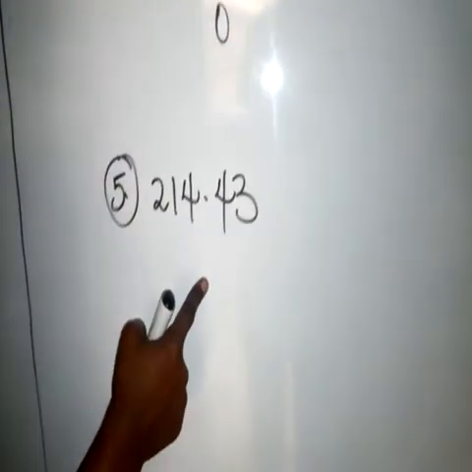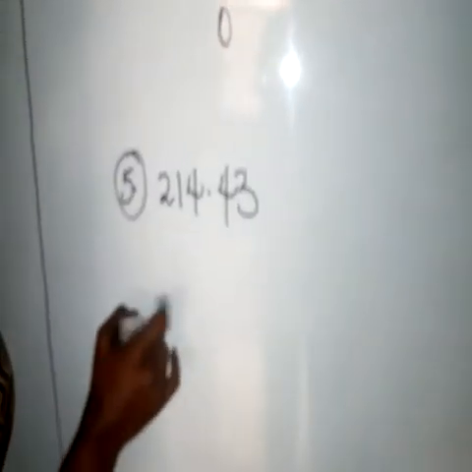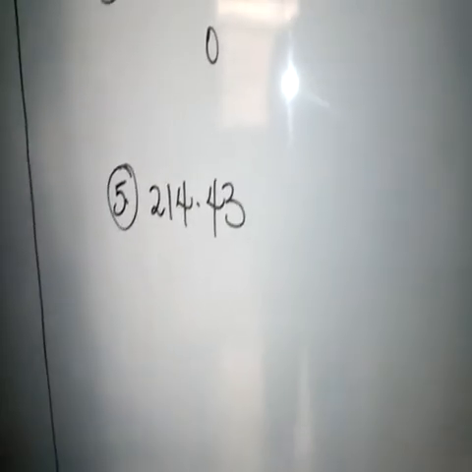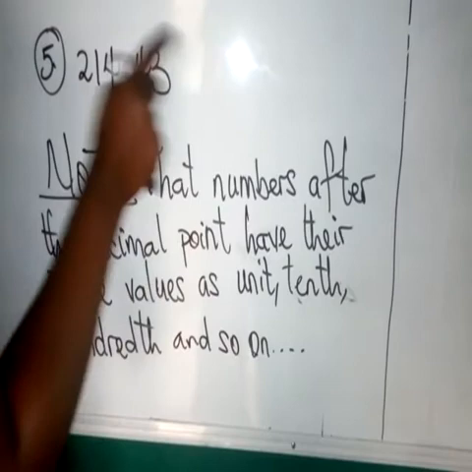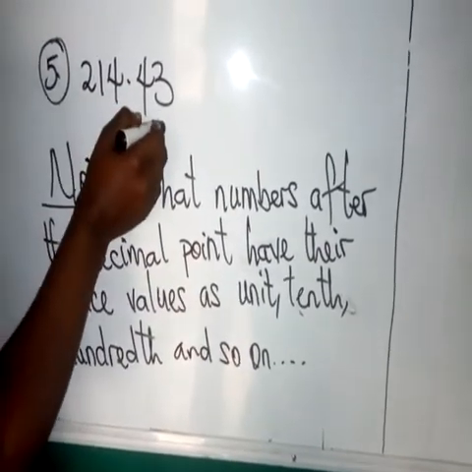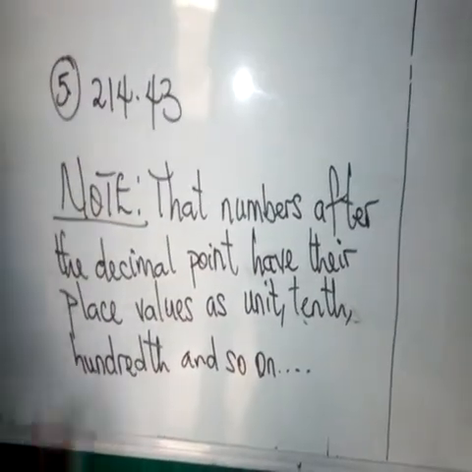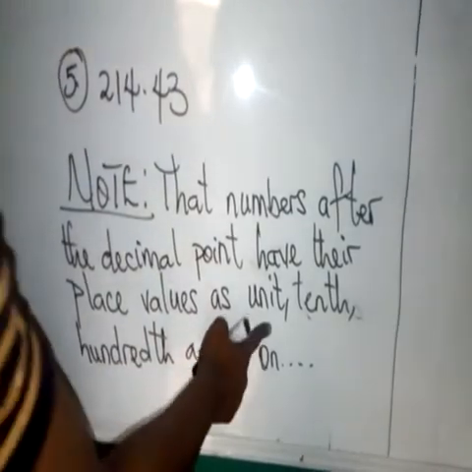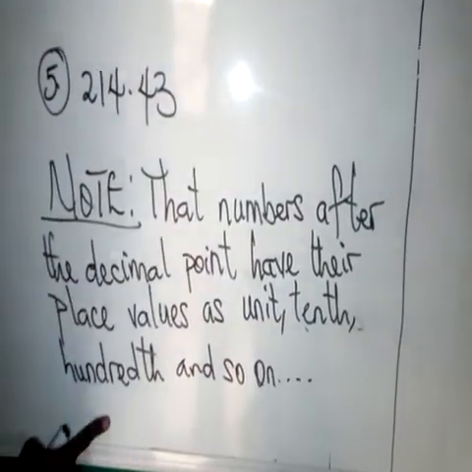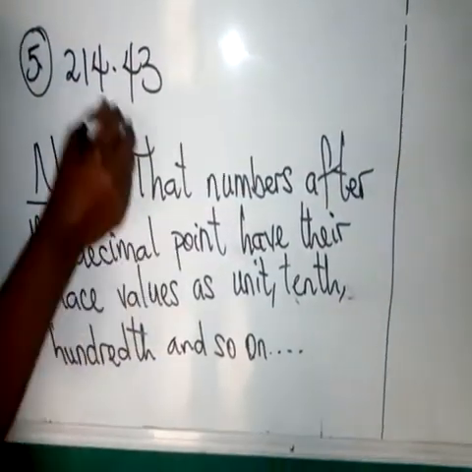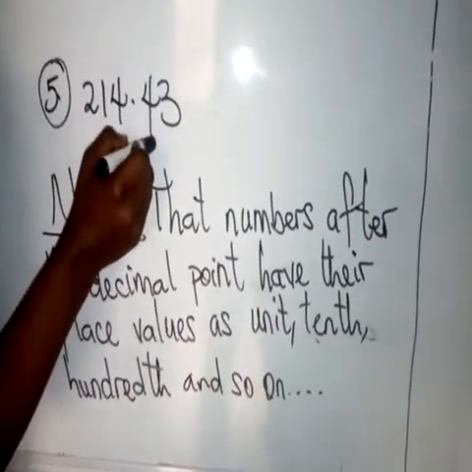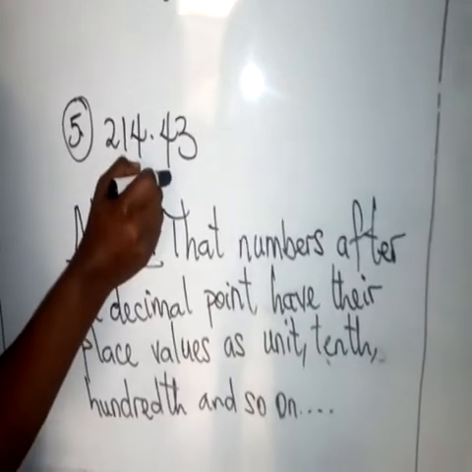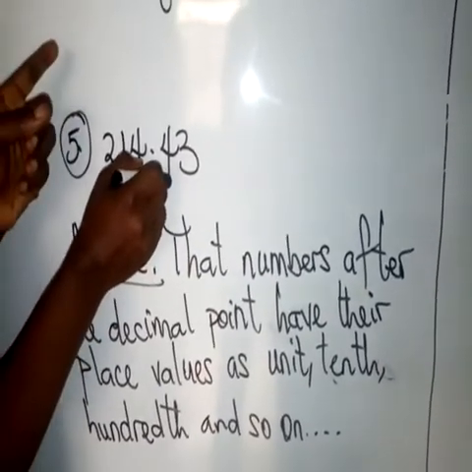Now, I would want to test us with this. We have to round up to the nearest unit. Please note that numbers that come after the decimal point have their place values as unit, tenth, hundredth, and so on. That means starting from this decimal point here, the next number after the decimal point is units, just like we have before the decimal point.